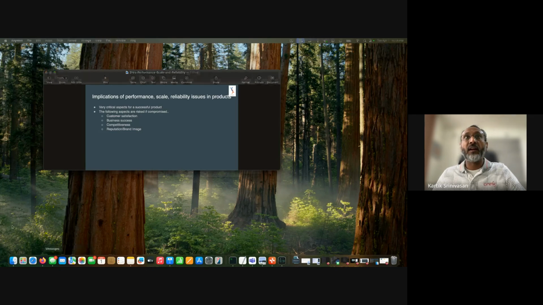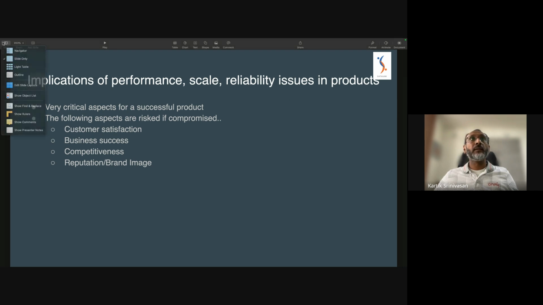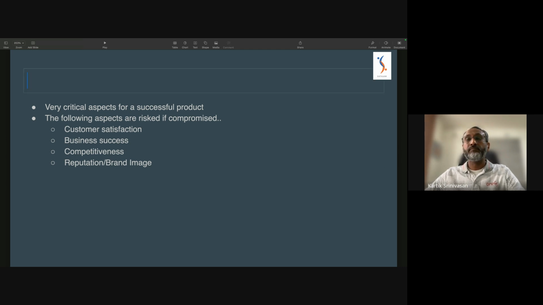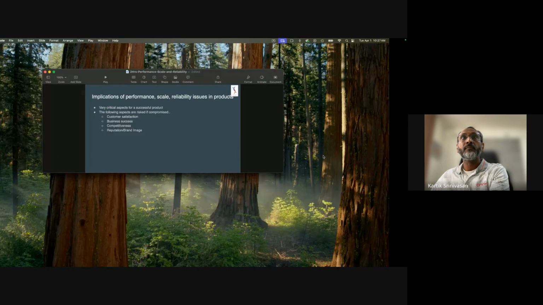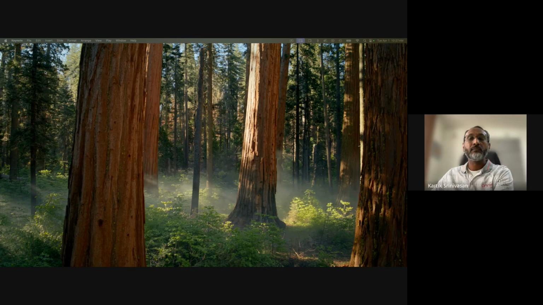Is my screen visible? Sorry, I think it got minimized by mistake. Just give me a second, guys.